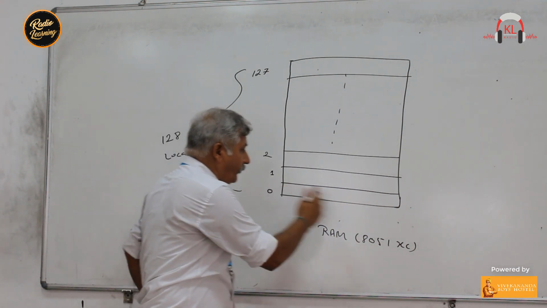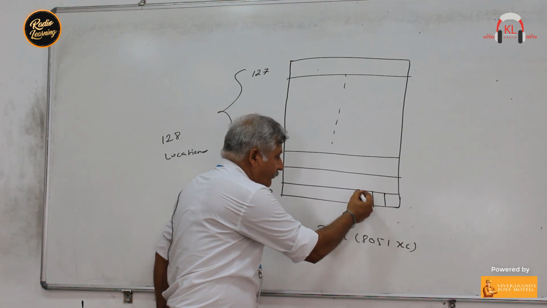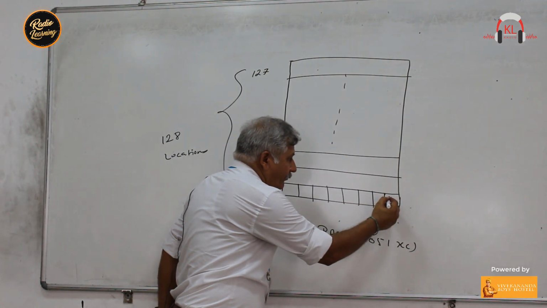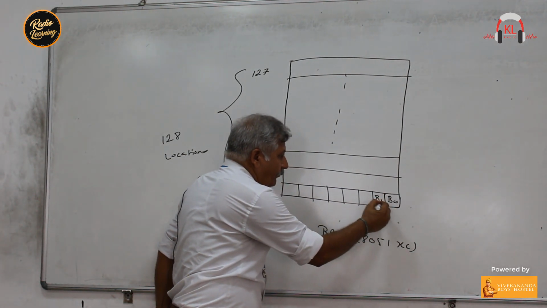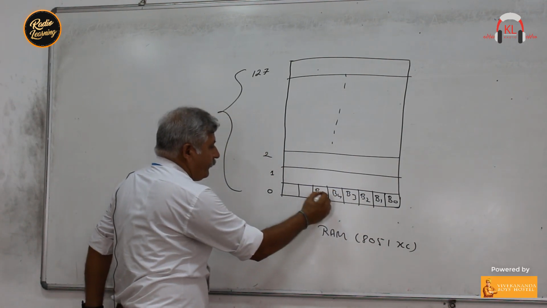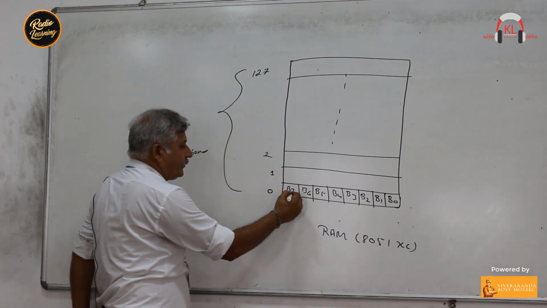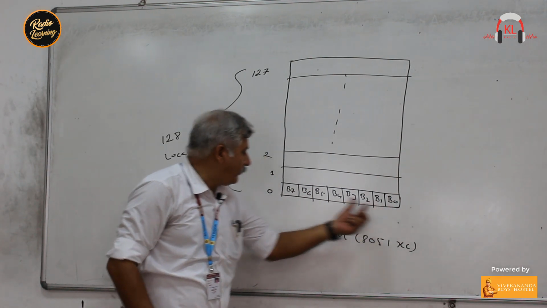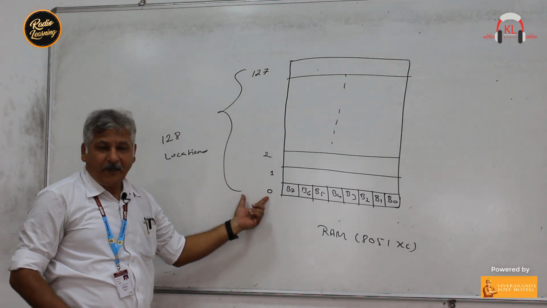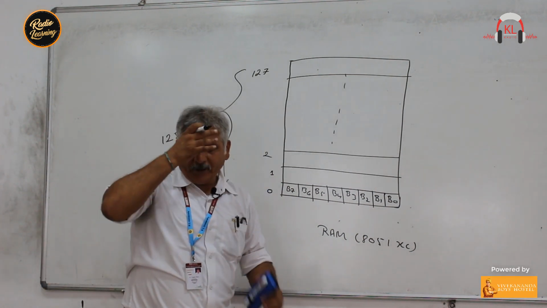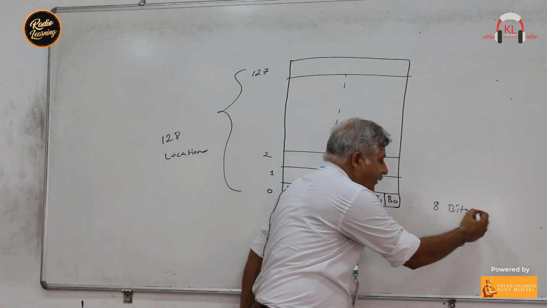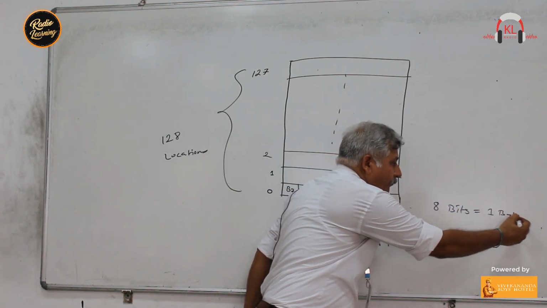At location number 0, we can store 8 bits. The bits are numbered B0, B1, B2, B3, B4, B5, B6, B7. So from bit 0 to bit 7, these 8 bits you can store at location number 0. As we know, 8 bits is equal to 1 byte.